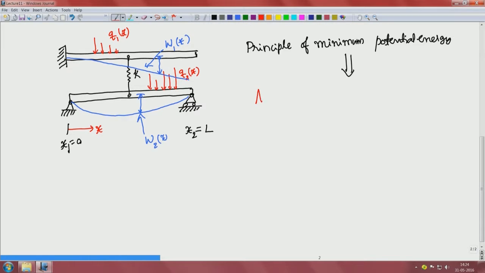So, I would write minimize potential energy for this beam. Okay. Then we have to minimize with respect to two things. There is the top beam whose deformation is w1x and bottom beam whose deformation is w2x. Both of these become our unknowns or variables. So, w1 of x, w2 of x, two functions, that is what we are looking at, right.